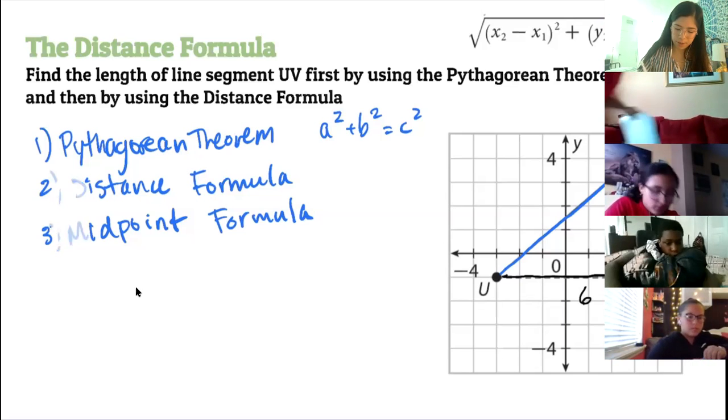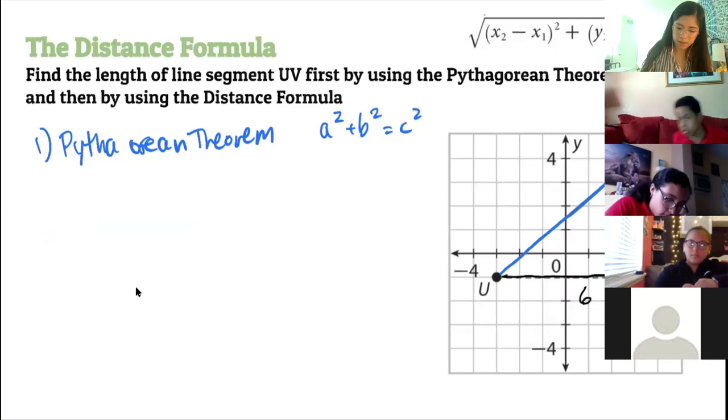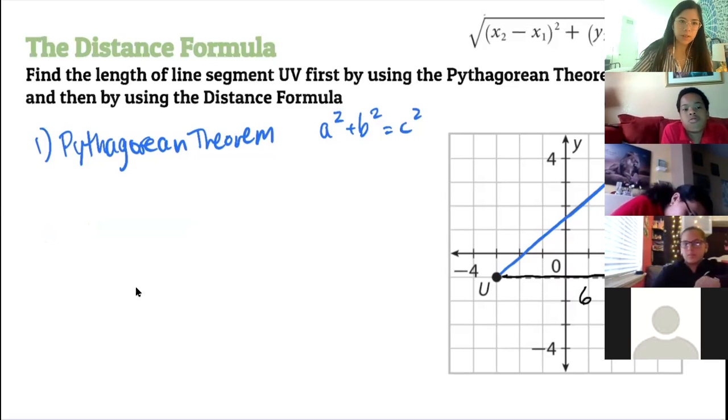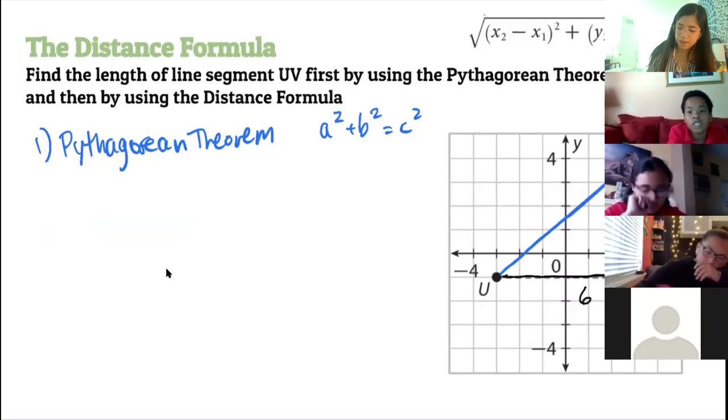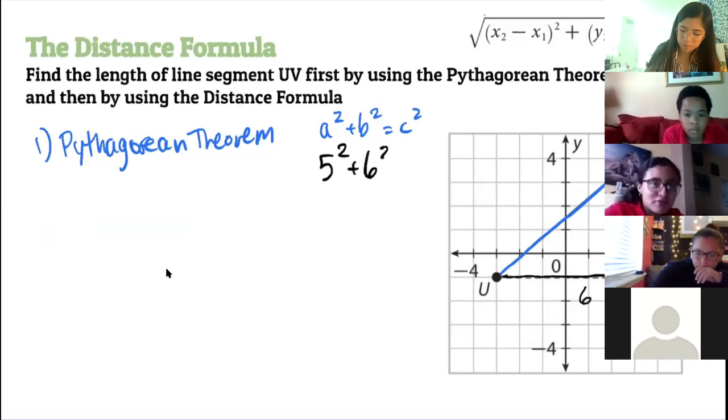I'm gonna just delete a couple of things here so I have more space. There we go. So go ahead and fill in the blanks. So A squared plus B squared equals C squared. So I'm gonna write 5 squared plus 6 squared equals C squared.